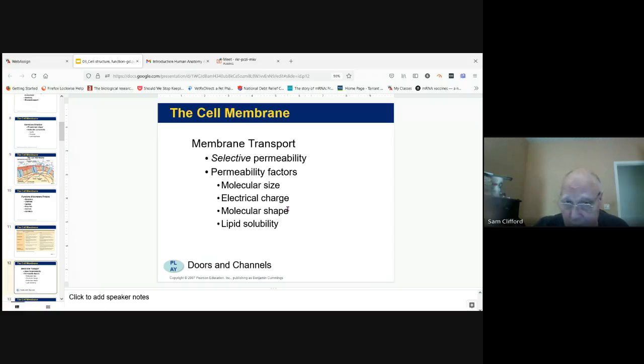So membranes allow transport. What moves through the cell membrane? It's selective. What goes in or out depends upon its size, its charge, its shape, and how soluble it is in lipids.